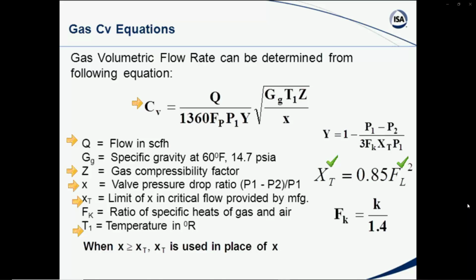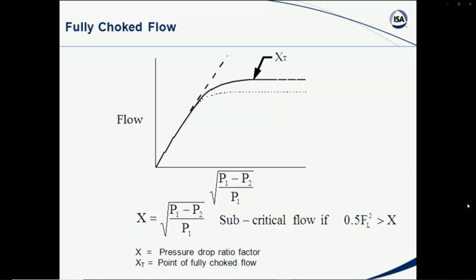I don't know that you'll get that deep into the sizing because you simply do not have all the information, but you do need to understand the principle this slide shows primarily: there is a limiting factor on X, which is the dP divided by P1, and as you go above that particular limiting factor, you will not get a further increase in flow rate.